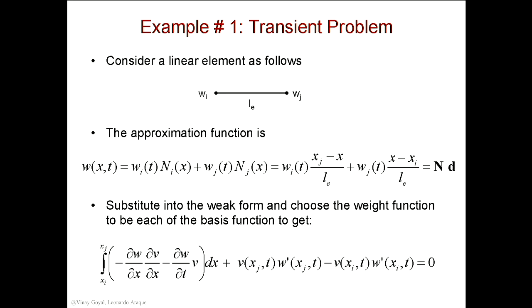What we're going to do now is say that wi and wj could vary as a function of time. So these nodal values, which are unknown, could change over time. We need to make that happen because that's how a dynamic problem works, right? Things have to vary as a function of time.